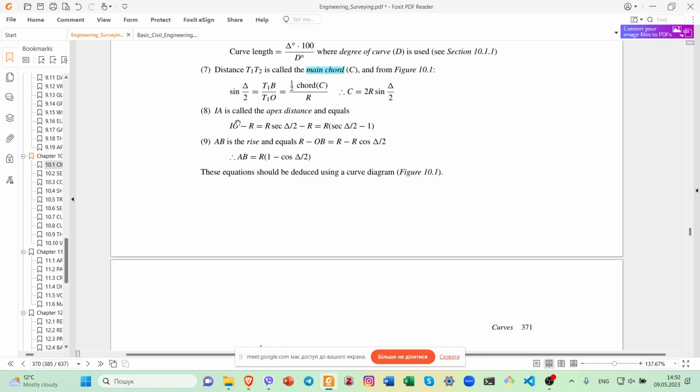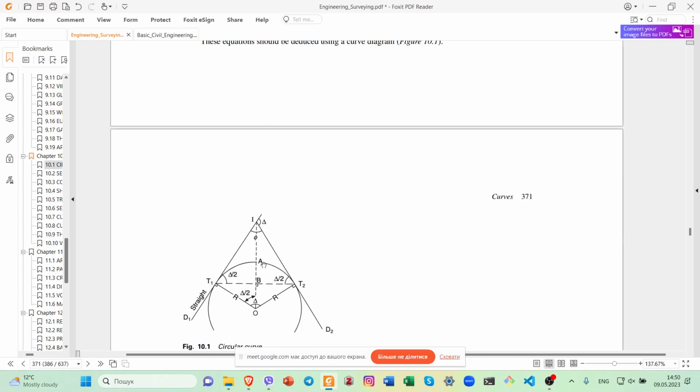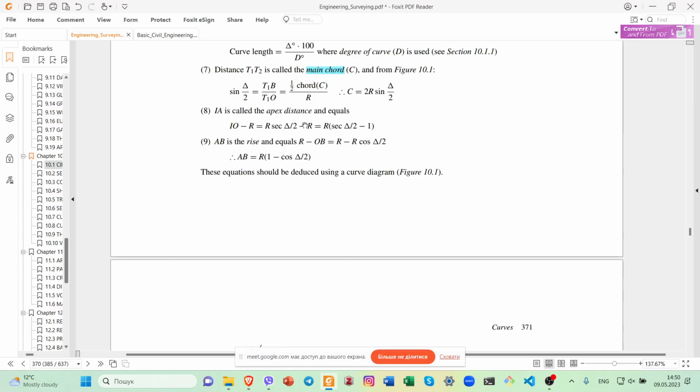IA is called the apex distance and equals this formula.